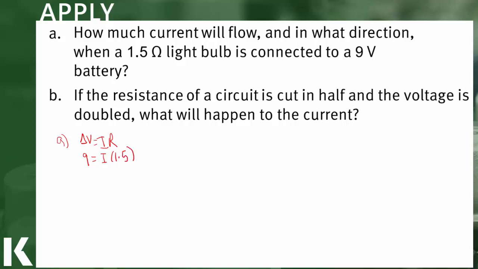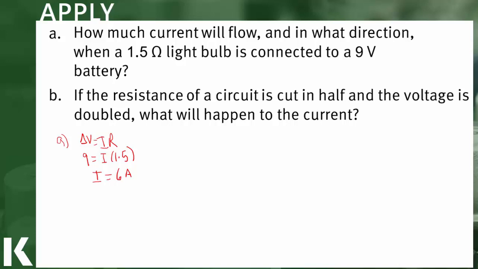And so we want to know how much current will flow in this configuration. So we'll just divide 9 by 1.5, and we'll get a current here of 6 amps. So a 9 volt battery will push 6 amps of current through a 1.5 ohm resistor.